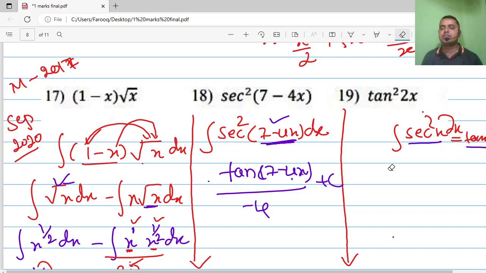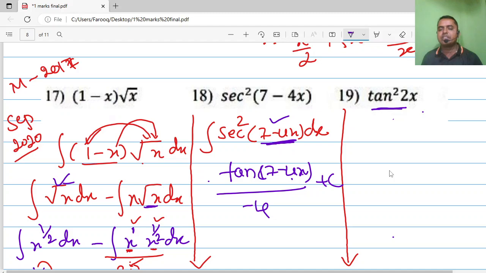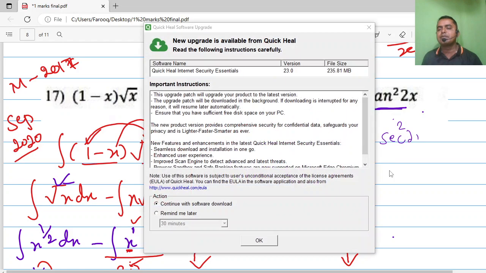So next comes here. There is no formula for integration of tan square function. So to integrate this one, we are using the identity of trigonometric function. We are writing tan square 2x in terms of sec square 2x.